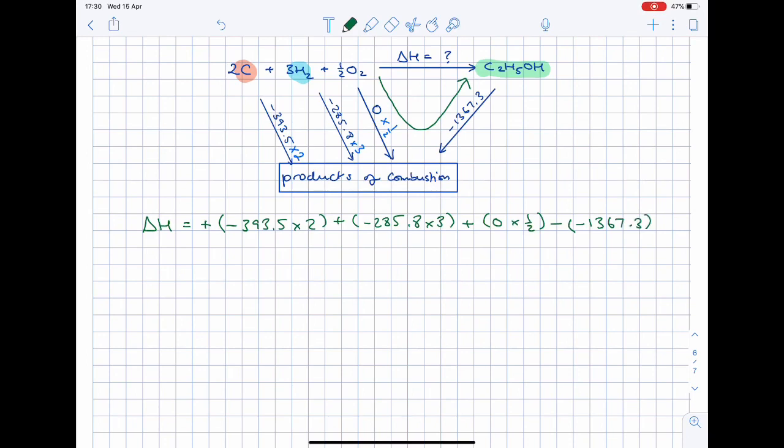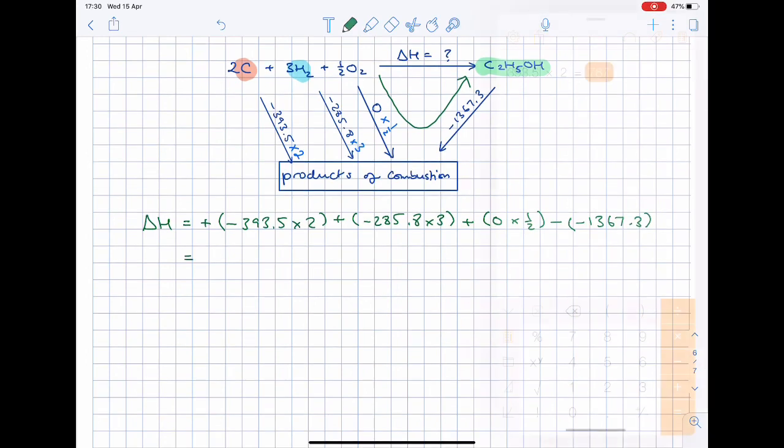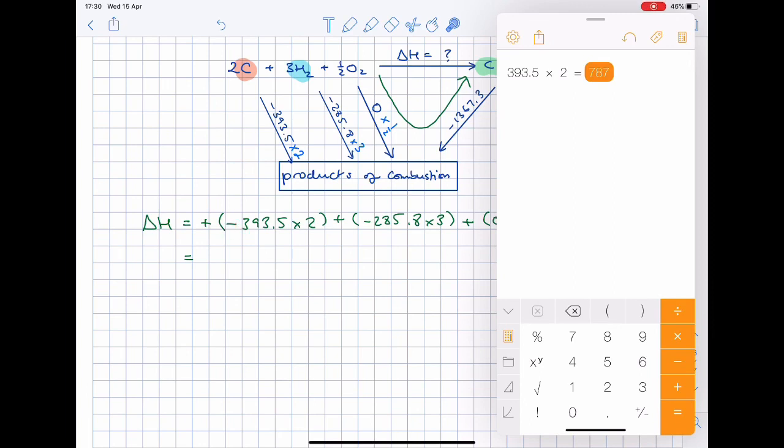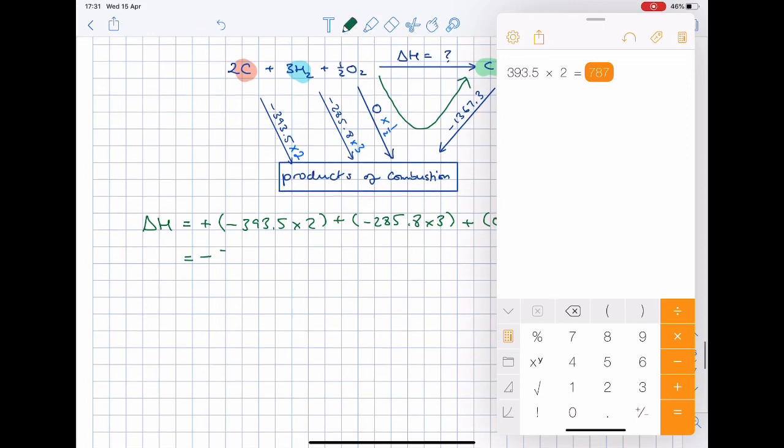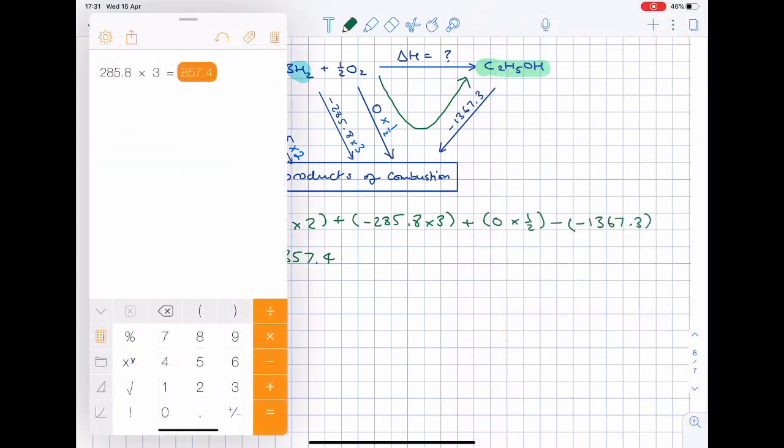1367.3. And then put my numbers into a calculator. So plus and minus is a minus, and 393.5 times 2 is 787 on the calculator. Plus and minus is a minus, and 285.8 times 3 is 857.4 on the calculator. 0 times half is going to be 0, so plus 0.